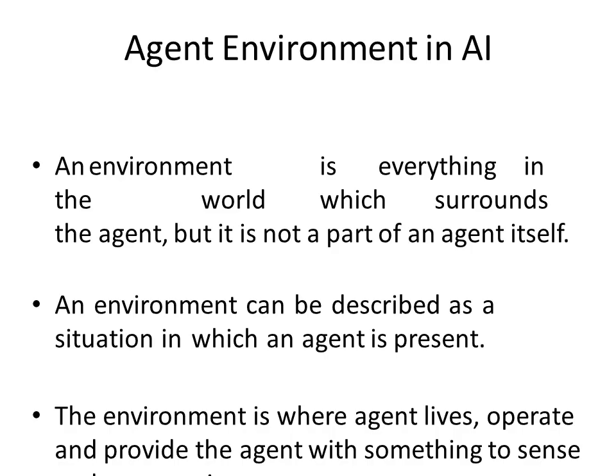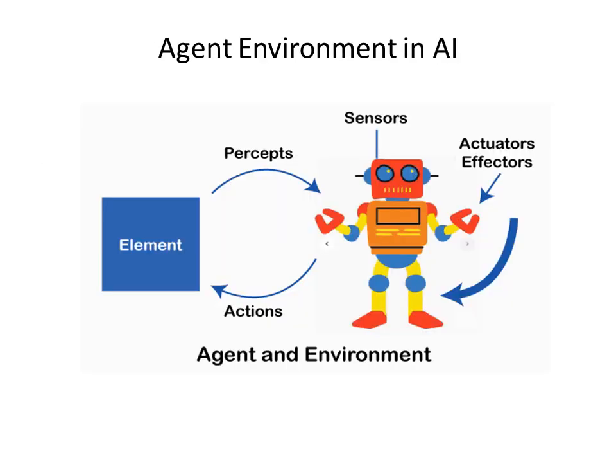The environment is described as a situation in which your agent is present. So how you are going to work in that environment, every time you sense something, it is with respect to that particular agent. So here is the agent with respect to the environment.